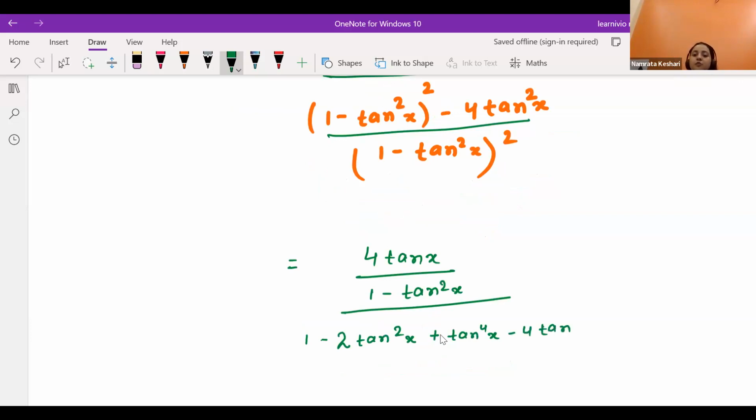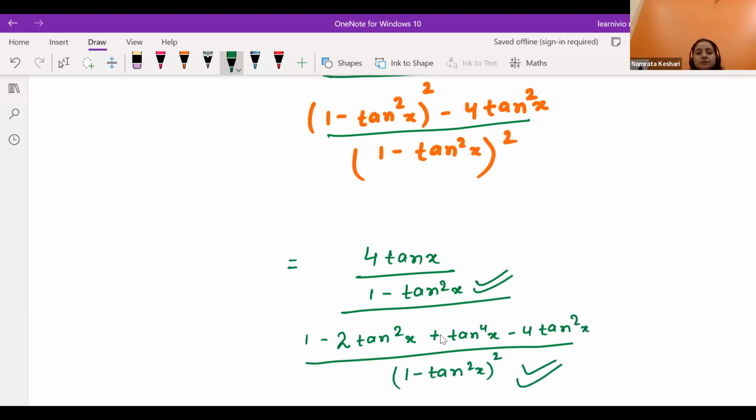Why are we expanding it over here? Why have we not expanded in the denominator part? Now you will realize that one of the tan square x terms is getting cancelled out, this one and this one. That's why at first we have not expanded it, so that we can cancel one of them and one will remain, and one is reflecting in the proof part also. Okay, let's continue.